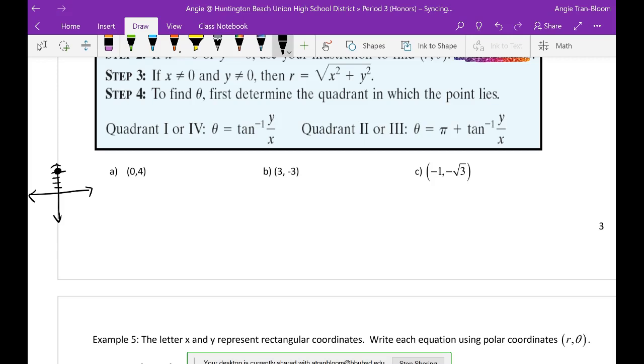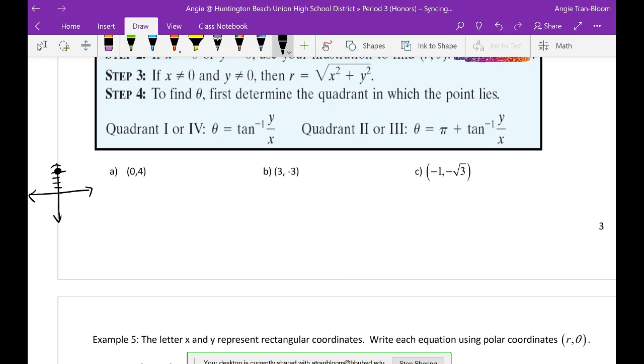You remember in algebra 1 we plot a lot of dots and make shapes and whatnot? We would do that in polar.